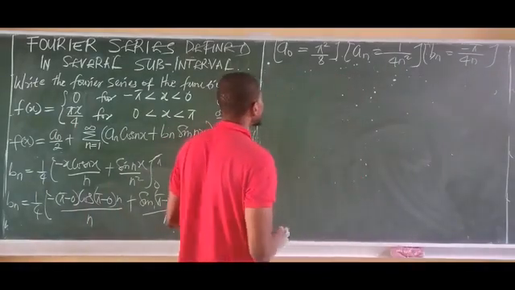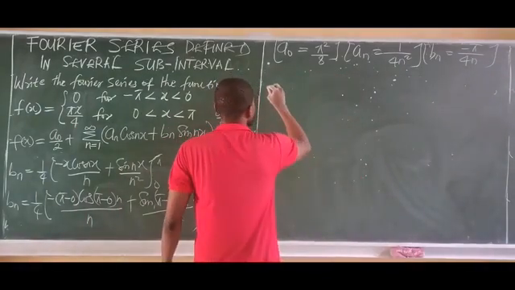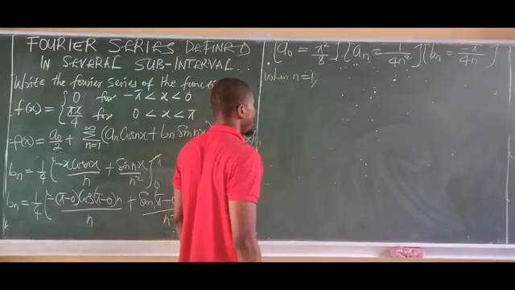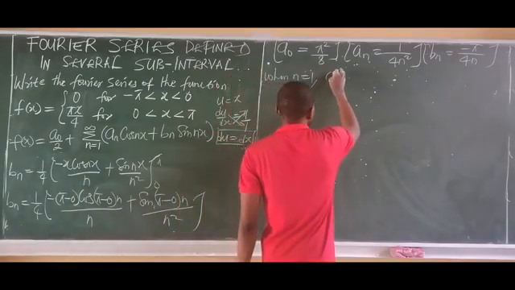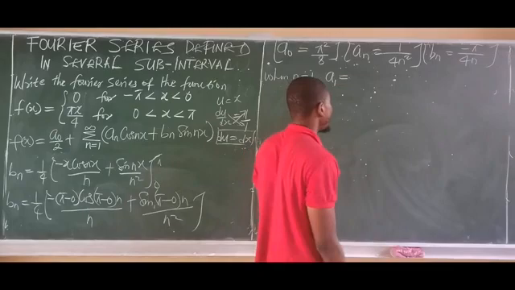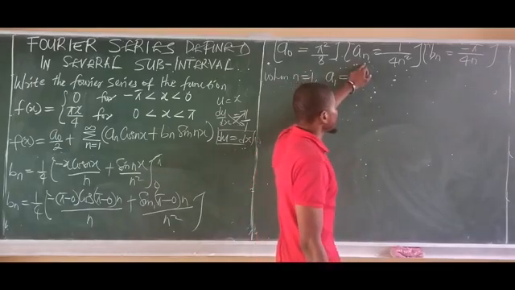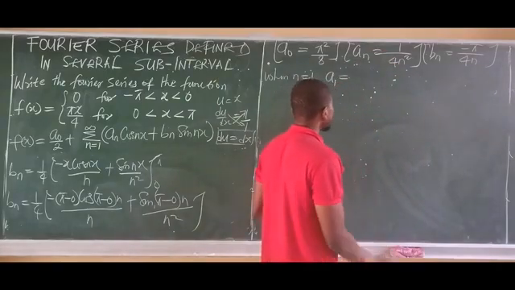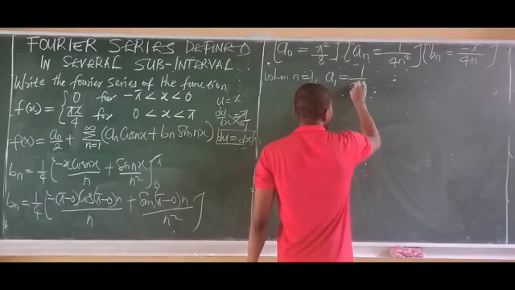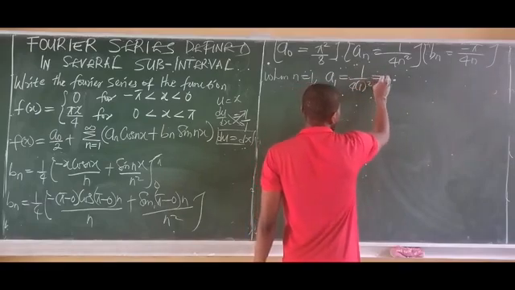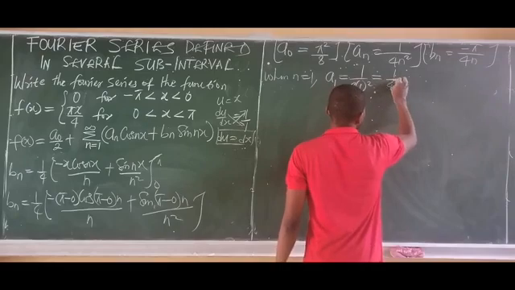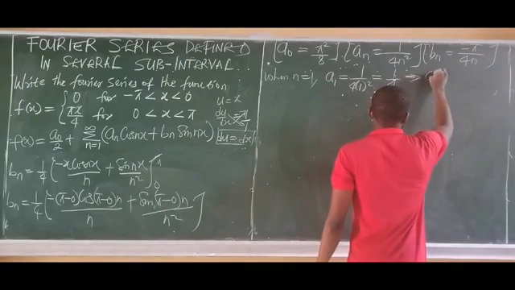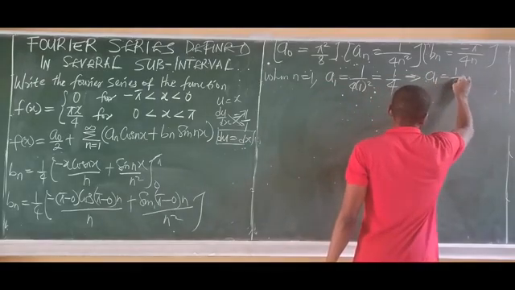Once again, when n is equal to 1, let's find a1 and b1. So a1, this means now wherever you see n, put in the value as 1. So an becomes a1, and an gave us 1 all over 4n squared. N now is 1. This becomes 1 all over 4 into 1 squared, and 1 squared remains 1. This is now 1 all over 4. This implies that a1 is simply 1 all over 4.